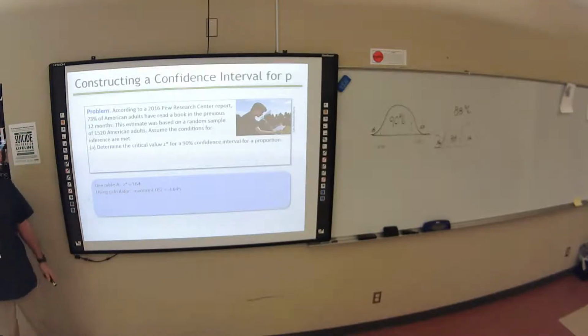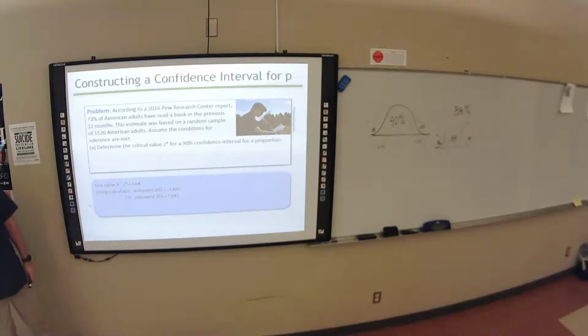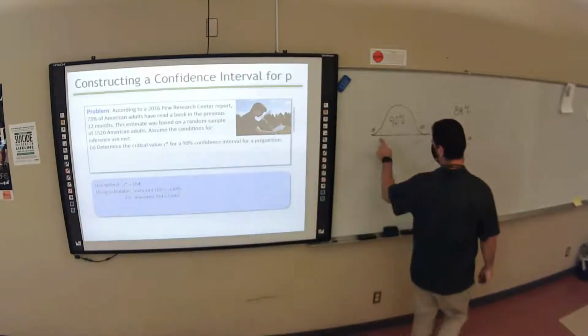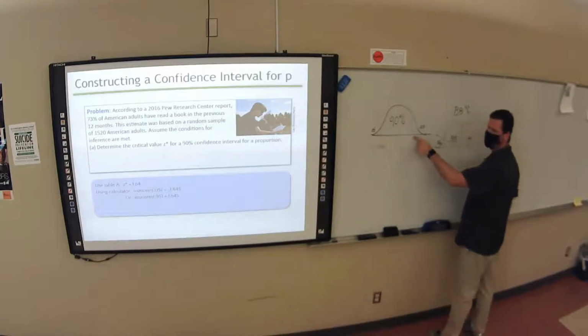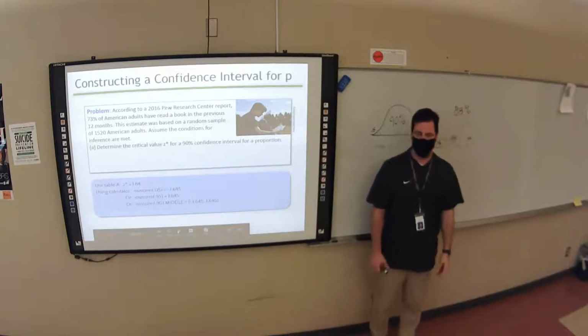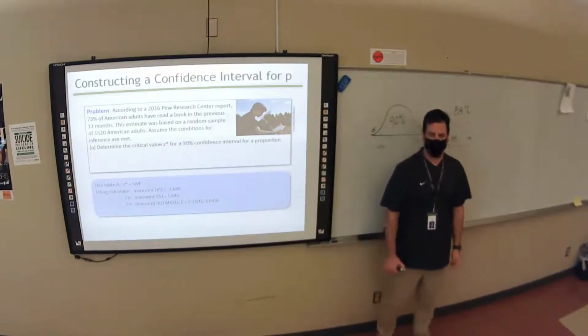Inverse norm of 0.05 is negative 1.645. There's positive 1.645. If I want to look up 0.95, just recognize that this is 0.05, this is actually the 95th percentile. That's the 5th percentile, that's the 95th percentile. Or if you happen to have a middle button, it'll give you both of them. Any questions about that z critical value?